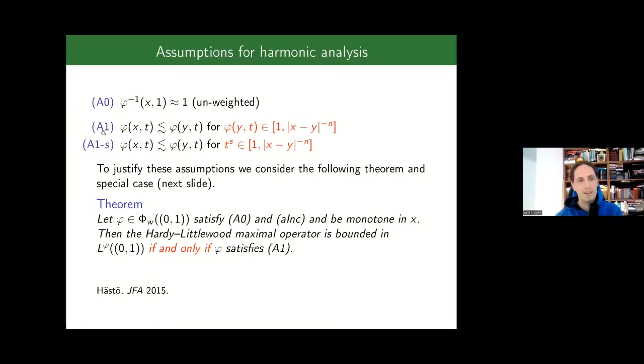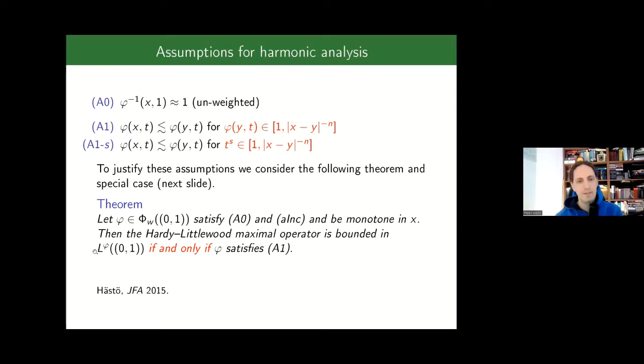Here I have actually two assumptions, two versions, so A1 and A1S. So in A1S, we have this measure of how large t can be by t to the power of s rather than phi.